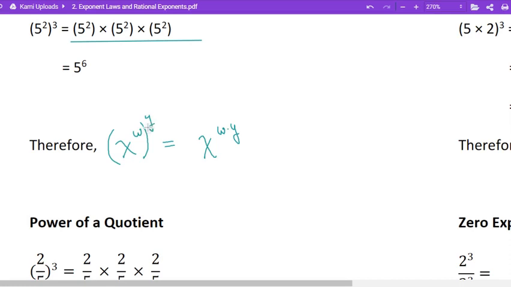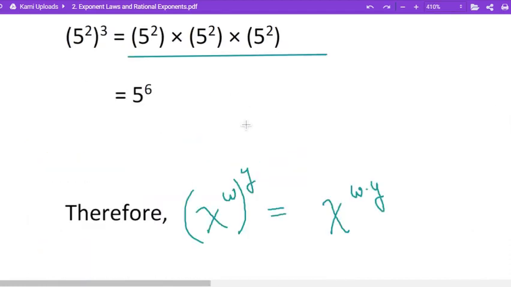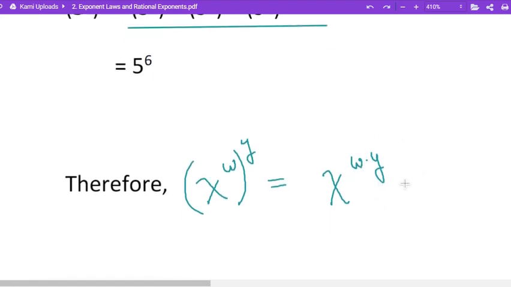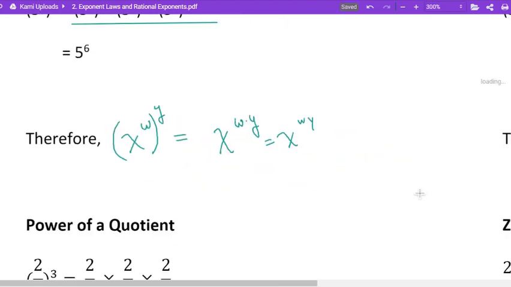This bracket does not imply multiplication, but as a result, we are multiplying. Now, folks, did I need to draw that little dot there? I could write x to the power of yw, or wy. When we have two variables right next to each other, it implies that they're being multiplied. Okay, moving on.